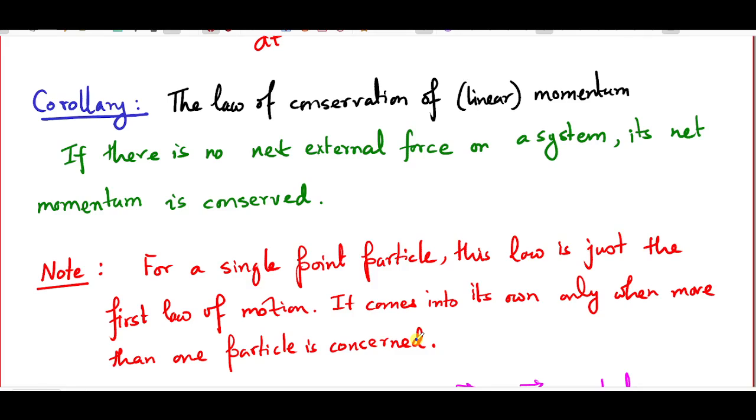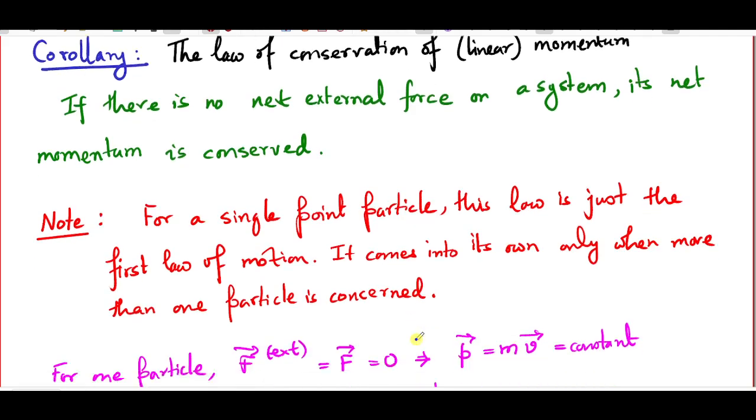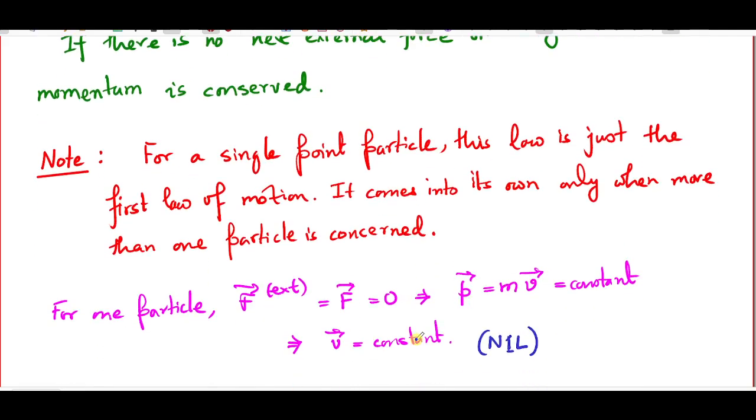And in particular, if there is no net external force, the momentum doesn't change. But that's nothing but Newton's first law. Right? Because if F external, which is F, is 0, then mv is constant, which means v is constant.